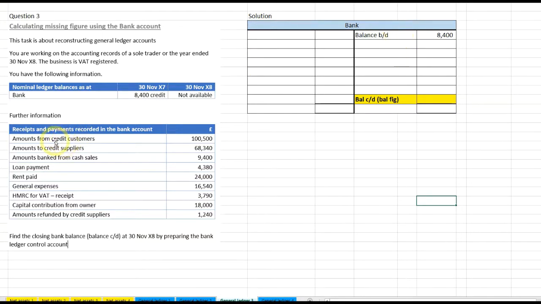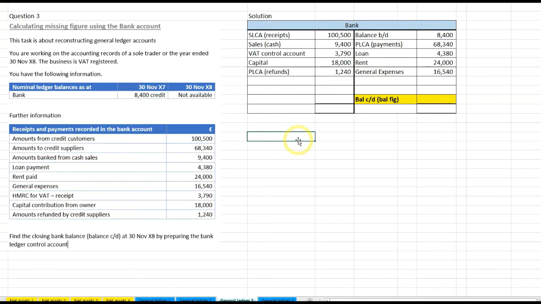Then we've got a number of movements on the bank, so we have our receipts and our payments. What I'm going to do is just transfer this information from here into the correct side of the bank account. You might want to just take a moment to see how that information has been transferred.